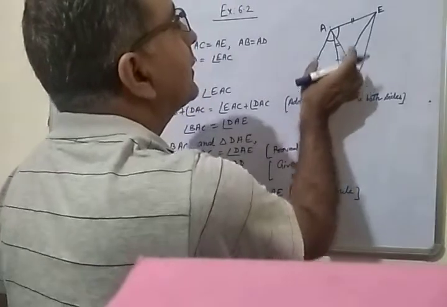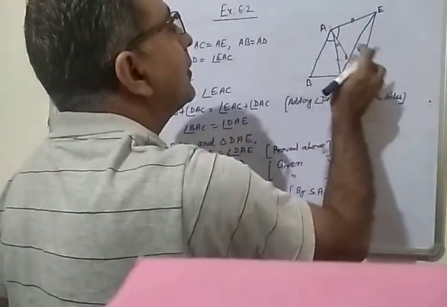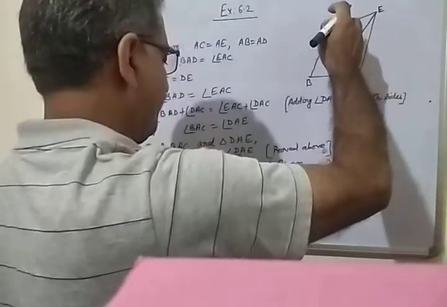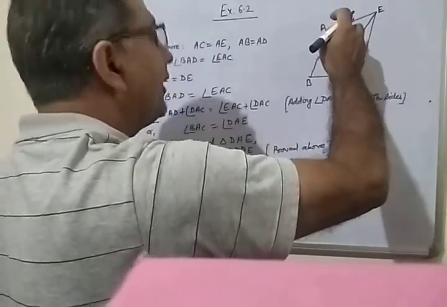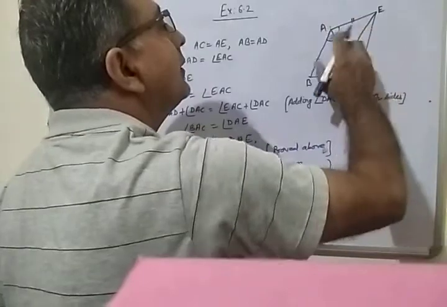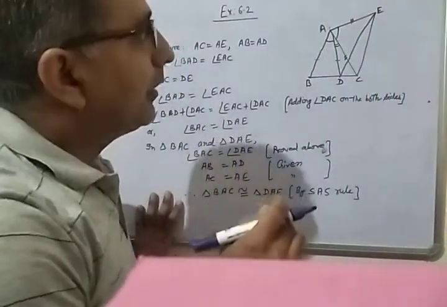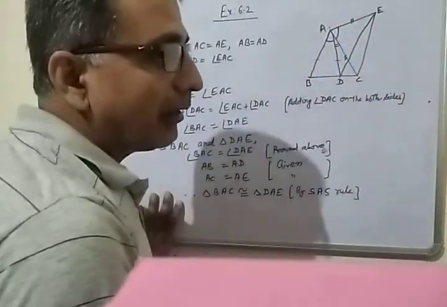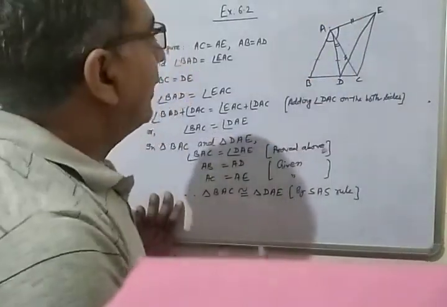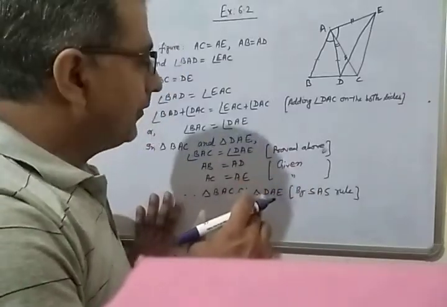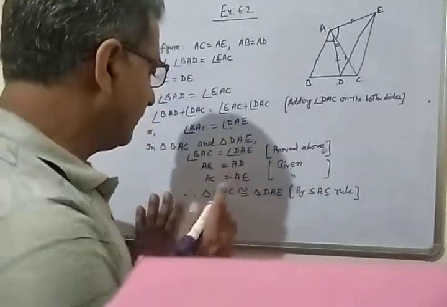If we put triangle ABC on triangle ADE, then all parts will be equal, and you can say they overlap each other, meaning all parts are equal.